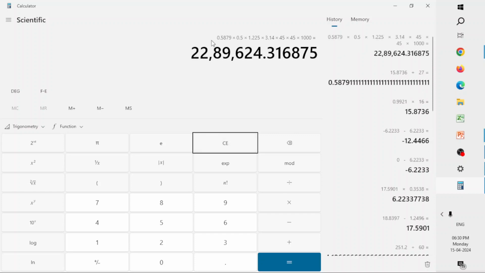So your energy will be this. This will be the amount of power that you will be having.